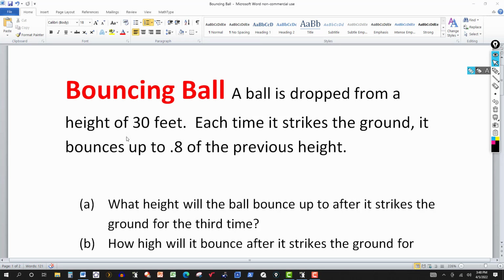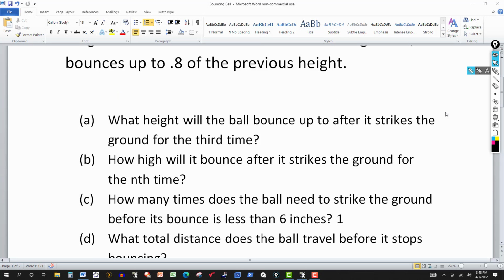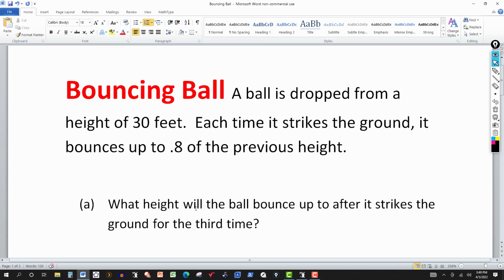So the ball drops from a height of 30 feet. Each time it strikes the ground, it bounces up 0.8 of the previous height. Let me space these out a little bit. What height will the ball bounce up to after it strikes the ground for the 3rd time?